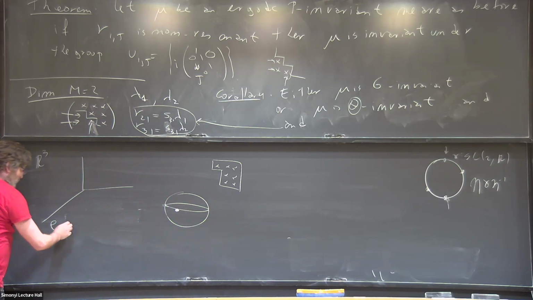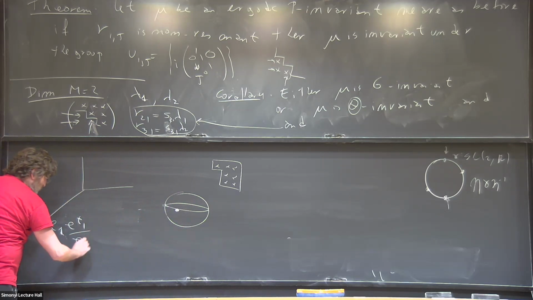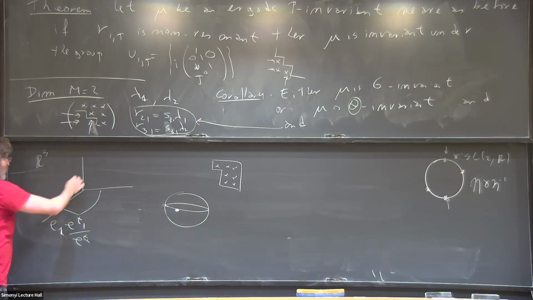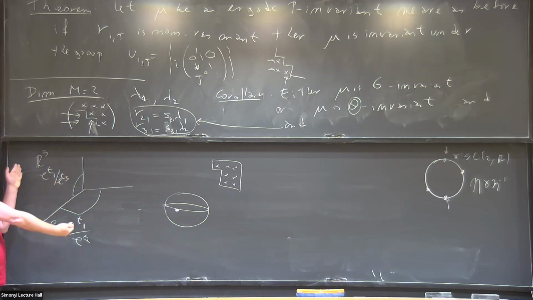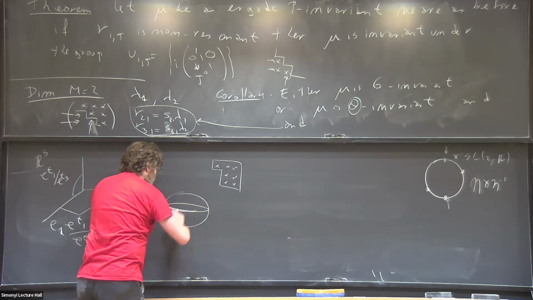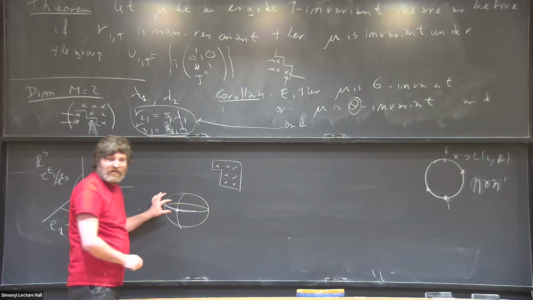The rate is e to the T1 divided by e to the T2 when you stay in this plane. And when you go to this plane, you get e to the T1 divided by e to the T3. So that's the rate at which you get contracted on this equator or on this equator.